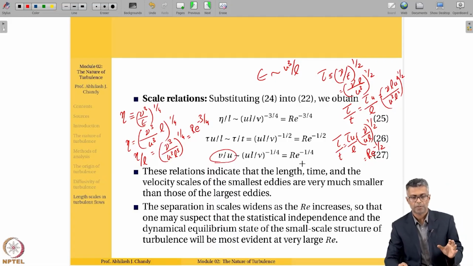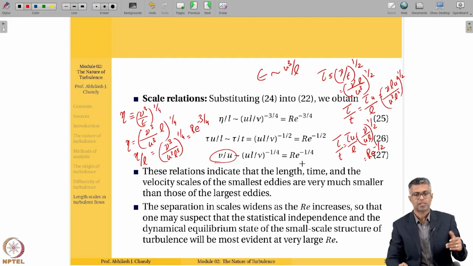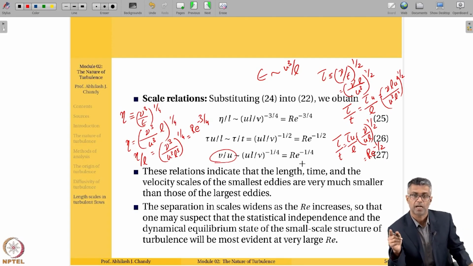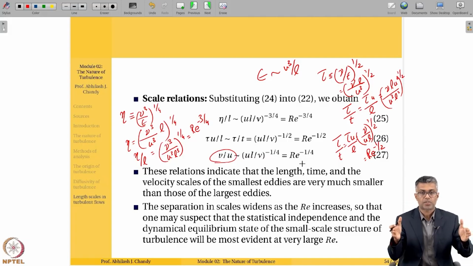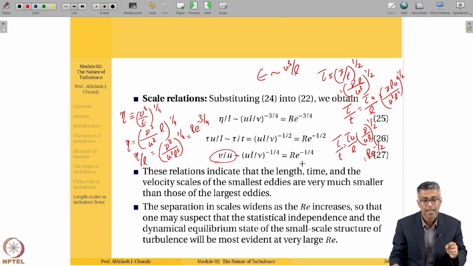Now think about this. The smallest length scale to the large length scale is given by Re to the negative 3/4. So as the Reynolds number keeps increasing, your eta compared to the large length scale keeps on decreasing. The gap between the smallest length scale and the large length scale keeps increasing as the Reynolds number keeps increasing.